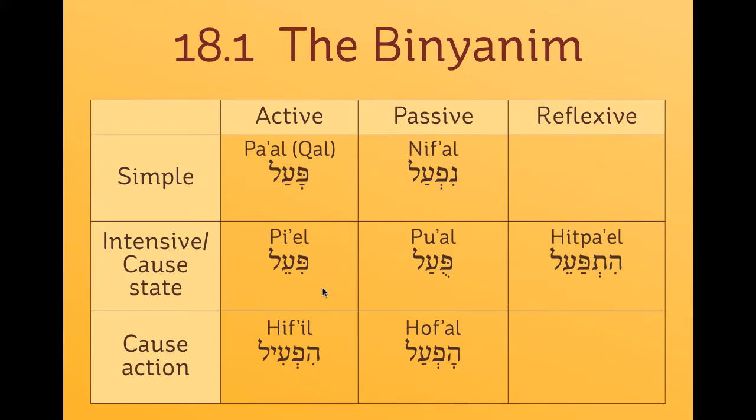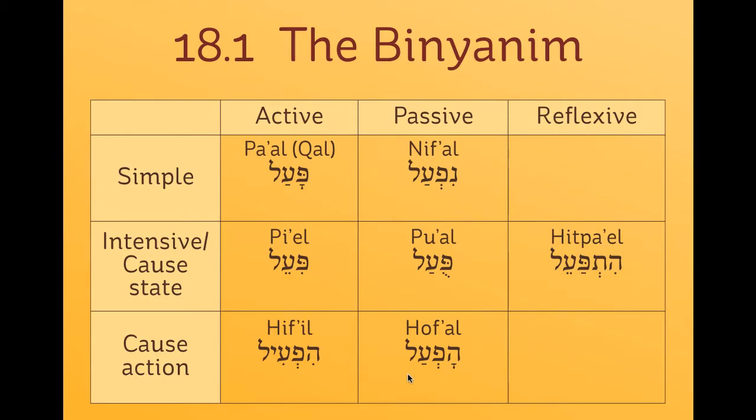Other verbs in this binyan sound like piel, for example, bikesh. Other verbs in this binyan sound like pual, though you don't know any yet. Other verbs in this binyan sound like hitpa'el, like hithalech. Other verbs in this binyan sound like hif'il, like hishlich. And other verbs in this binyan sound like hof'al, though you don't know any yet.